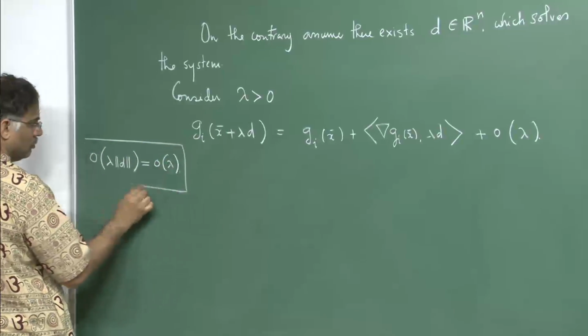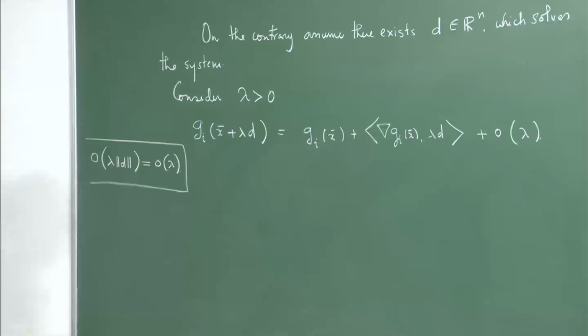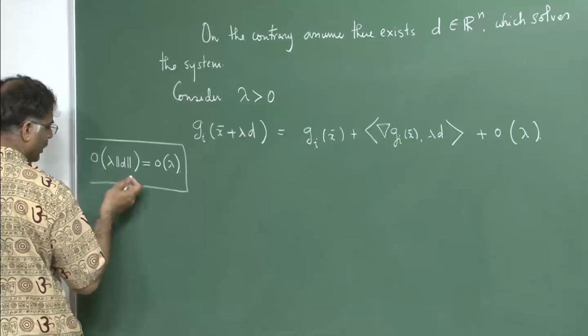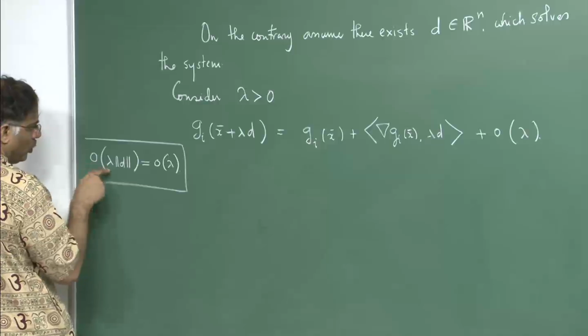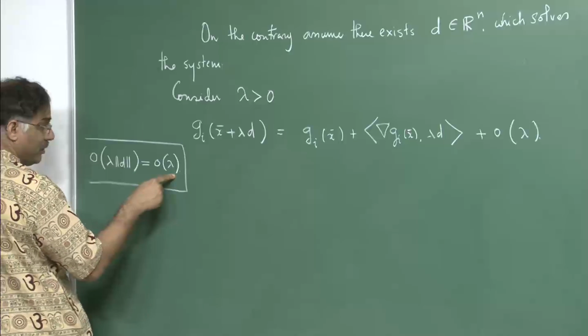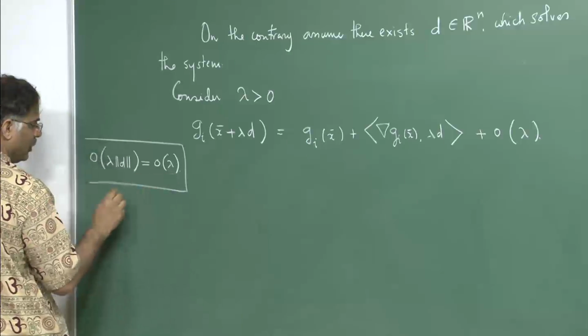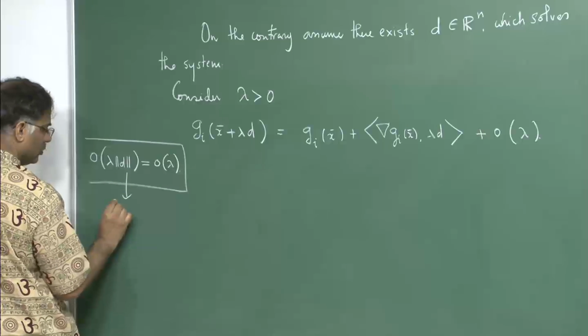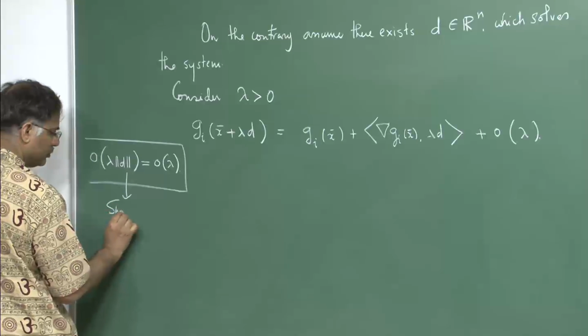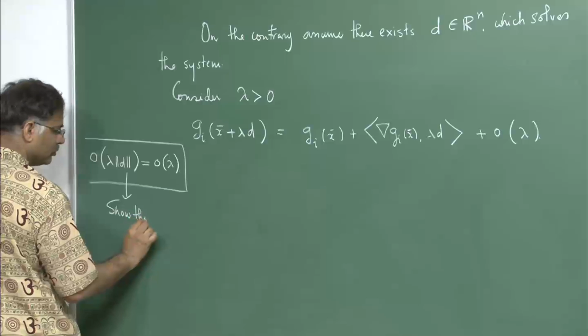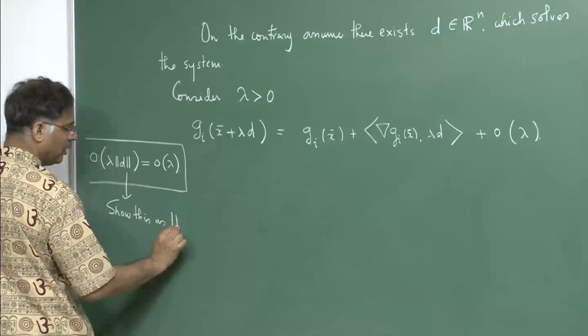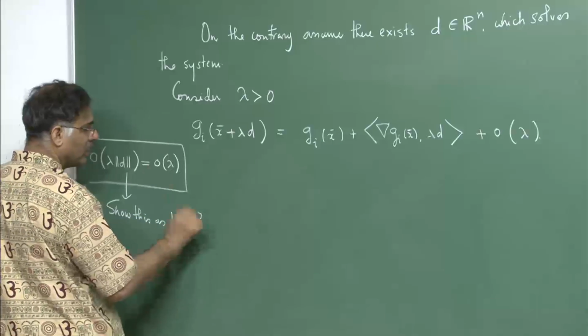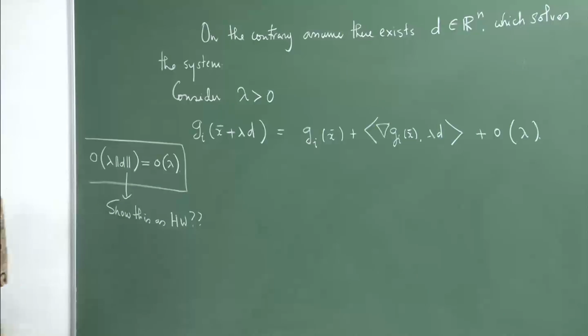You need to do a little bit of analysis to show that a small o of lambda norm d quantity is the same as a small o of lambda quantity. So show this fact as homework, as a little practice of using basic analytical tools.